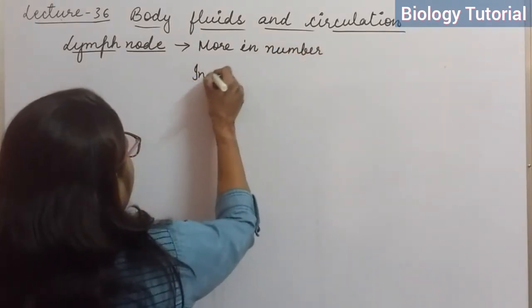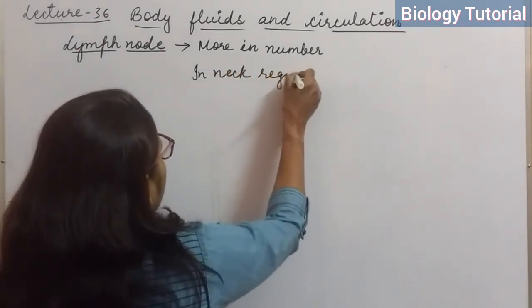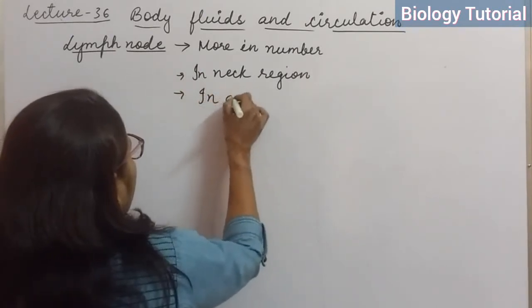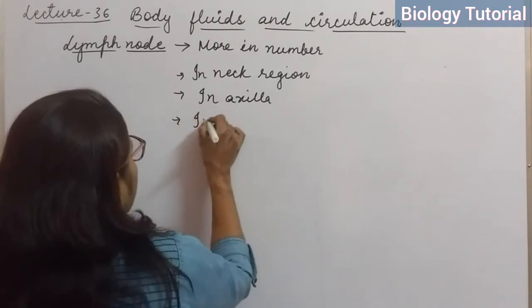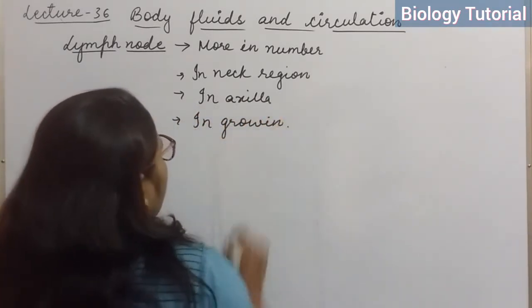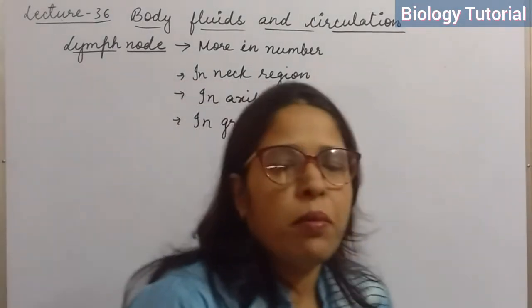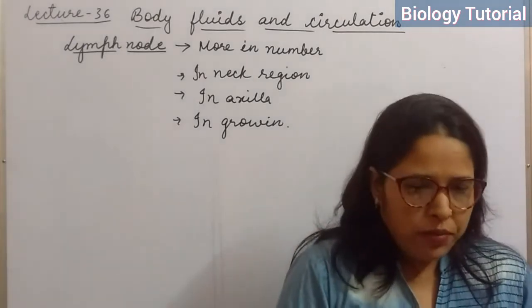In these regions, the number of lymph nodes is maximum. Otherwise, they are present everywhere in the body.